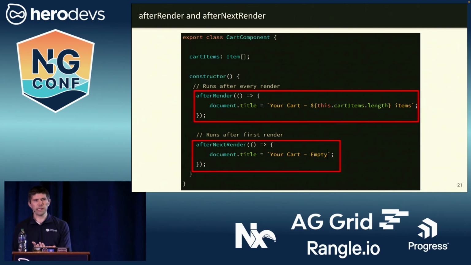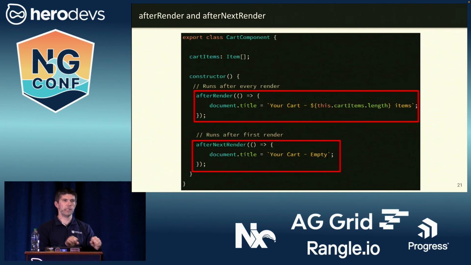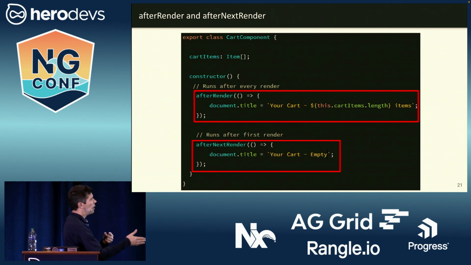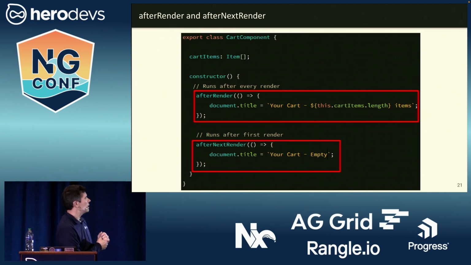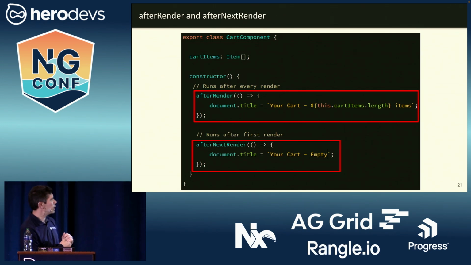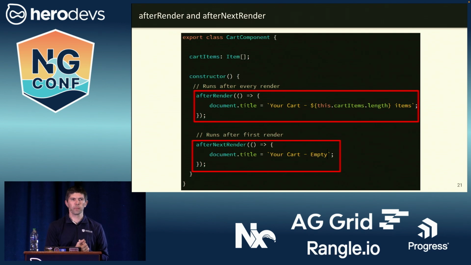This is going to work with SSR because it doesn't run server side, only on the client side. Then, to make sure that my title is up to date with how many items I have in my cart, I use the other lifecycle hook, afterRender, after every render, and I set the title to 'Your cart: items.length items'. So it would refresh every time the component re-renders something on the client side again.